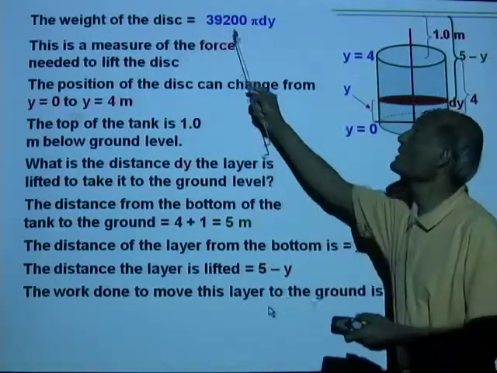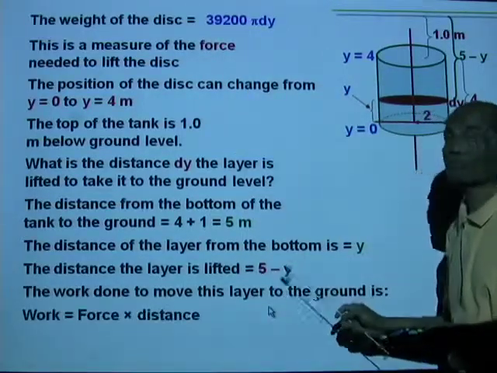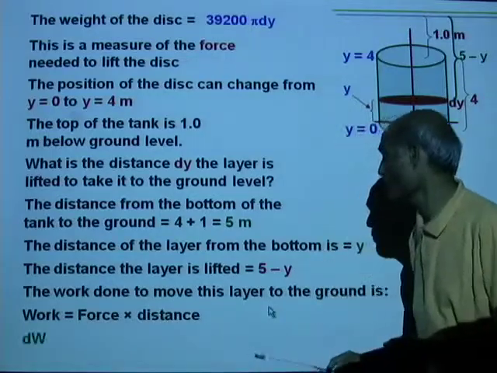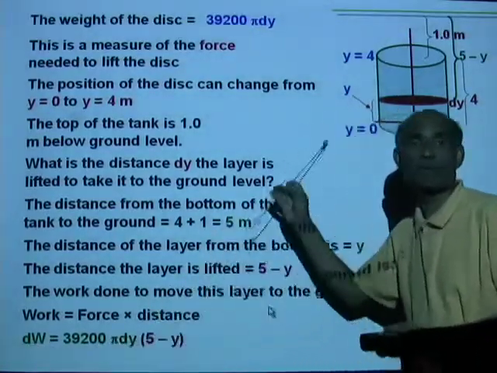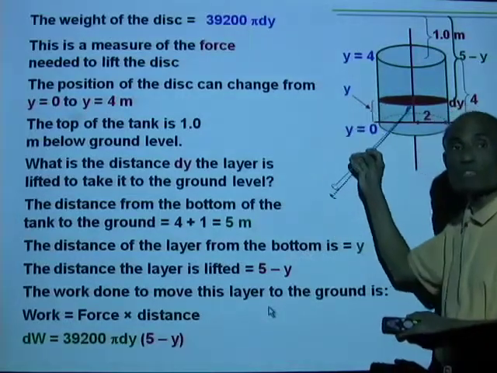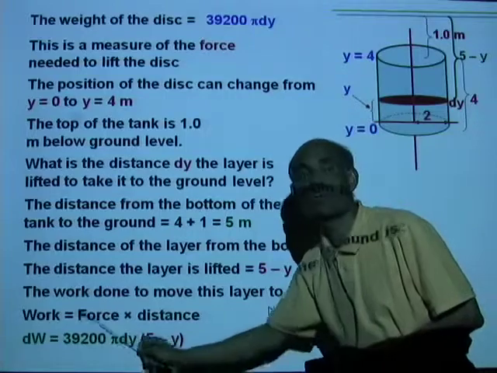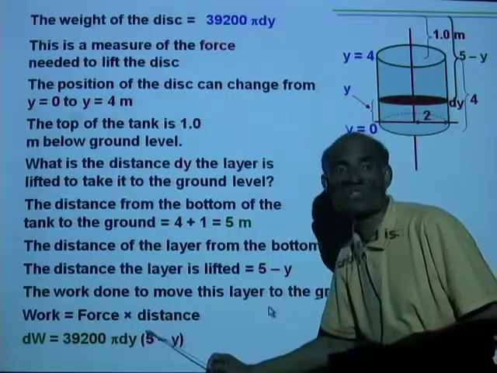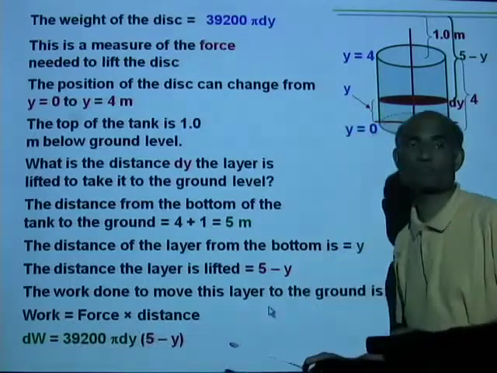Therefore, the work done will be force multiplied by distance. Work equals force multiplied by distance, and we call that dW. The work done to move this layer is dW, this is the force and this is the distance. So that is the work done to move that layer.